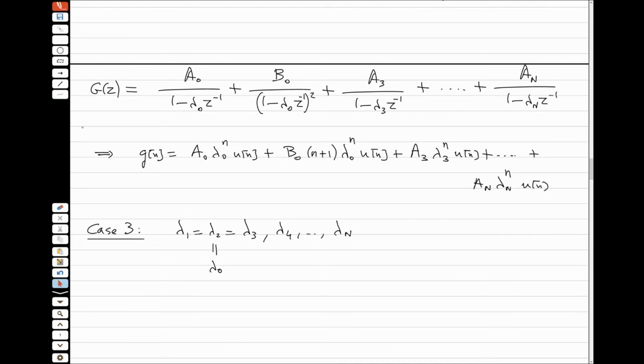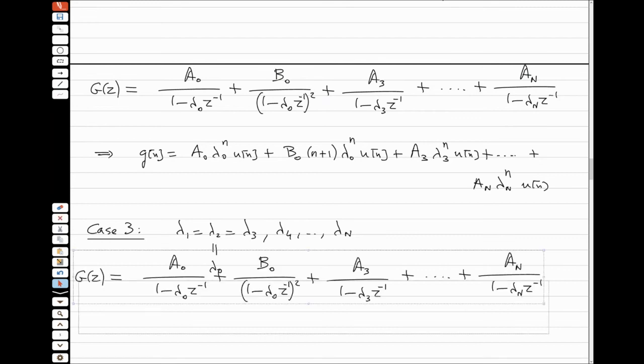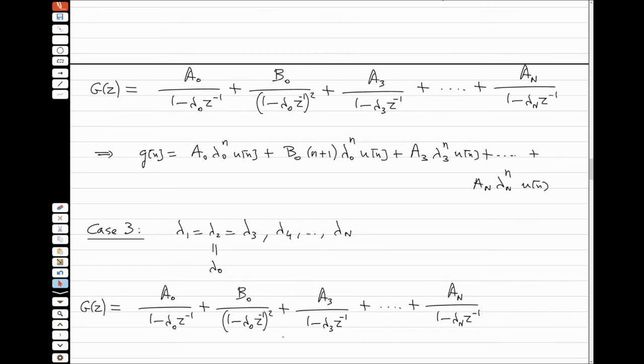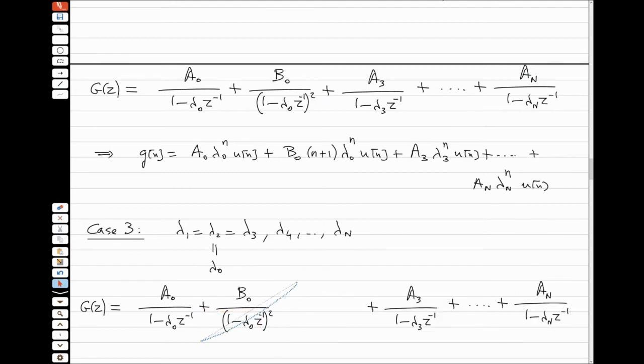It's not difficult to figure out that in this case, you're going to get simply just another term which will correspond to the third power.